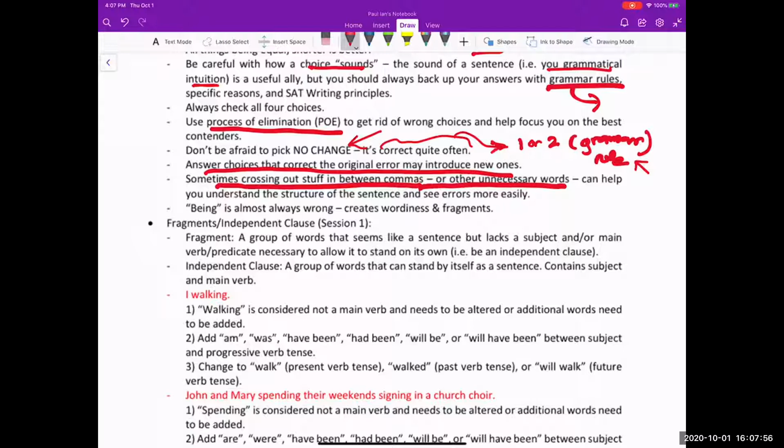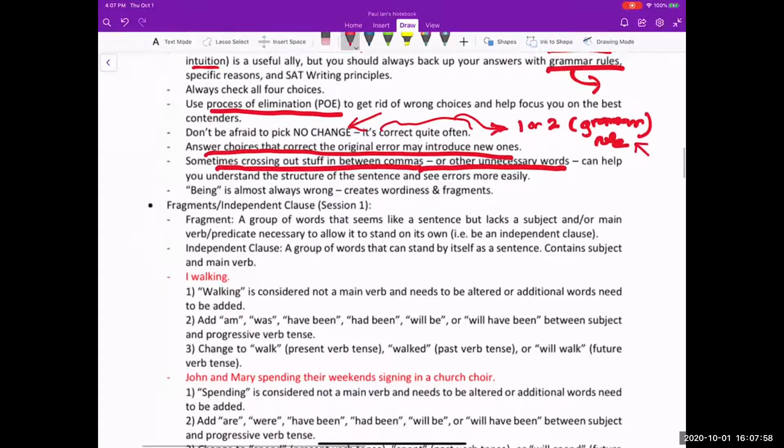So if you cross that out, and we're going to do that in some of these examples, the sentence should still work. It should still sound and be grammatically correct. Oftentimes, the reason they arrange the sentence that way is to just confuse you. But you could definitely just cross it out, and the sentence should still make sense. So that's what this is saying.